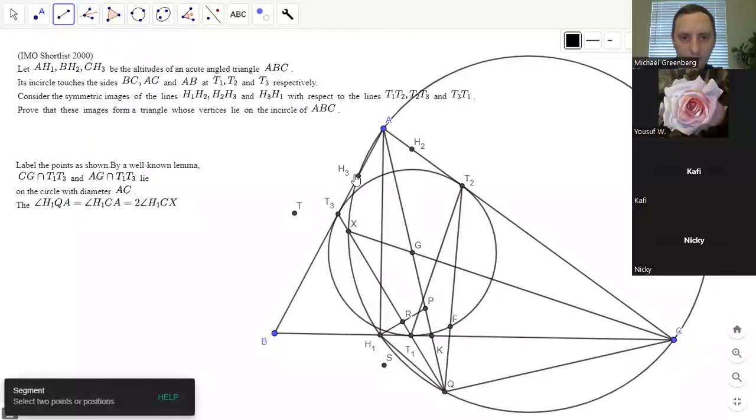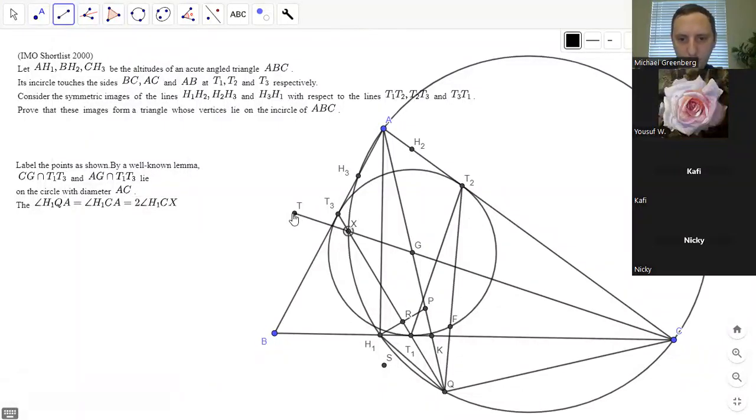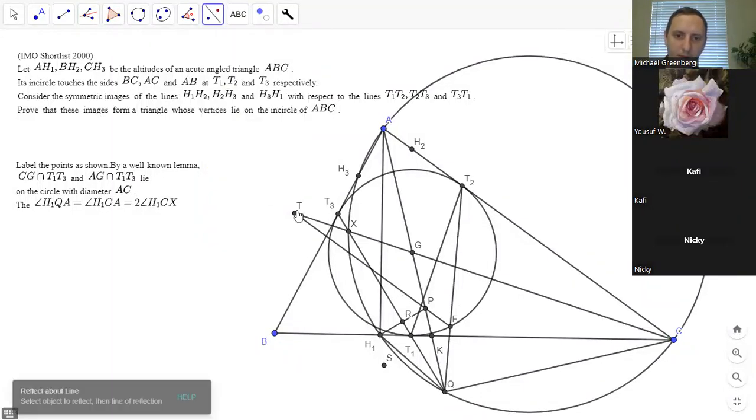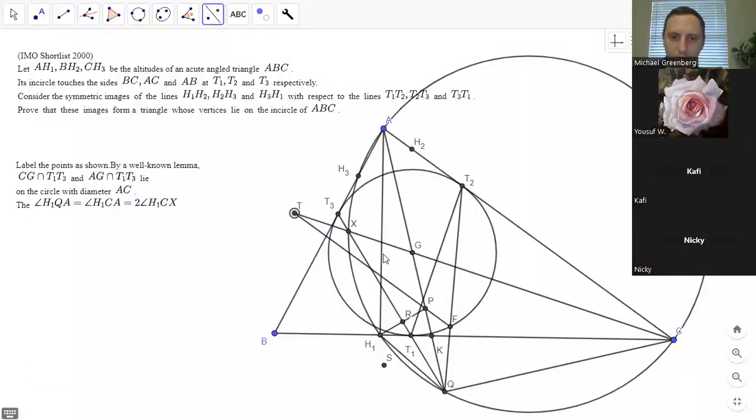And so we've shown that both those lie on those angle bisectors. Then we want to show that... I'm just confused.